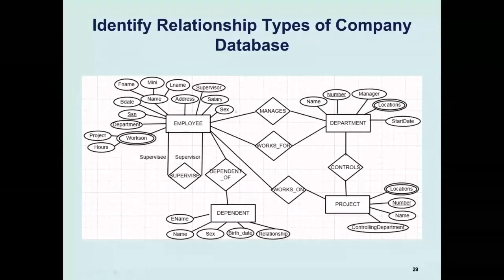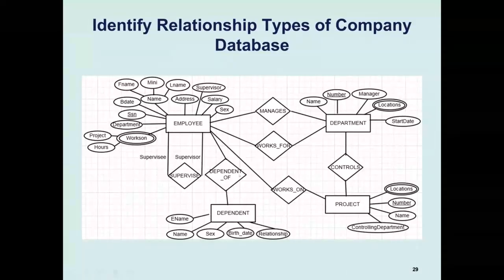So that's why the employee in the dependent entity type will be refined into a relationship between the employee and the dependent. So what else? Okay, so I think finally we have this first draft of the ER design.